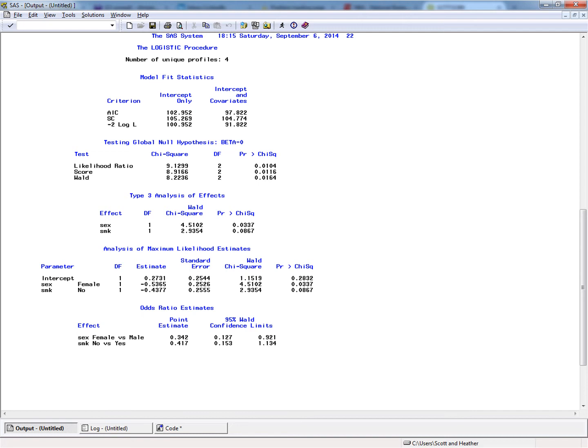We have our global overall tests. They are all significant, saying that at least one of our variables is significant. Just like before, we see the smoking variable is not significant. However, the sex variable is. And then there's our model equation and our odds ratios.